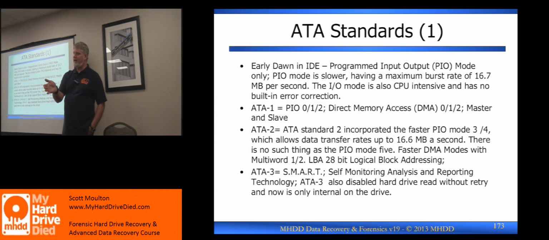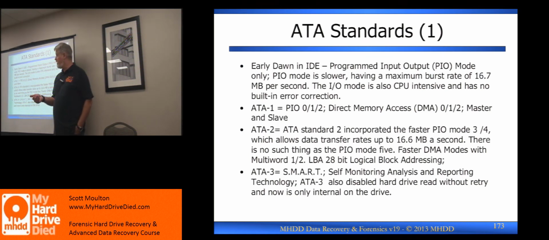A lot of people didn't like that, so they ended up going to a second version, which was an 8 gig partition. And then after that, they finally gave up. They finally said, fine, let's go to LBA. So now we're going to use the same thing that SCSI's using. So we're talking 85, 86, somewhere in there. We finally got rid of all the other stuff and we use LBA.